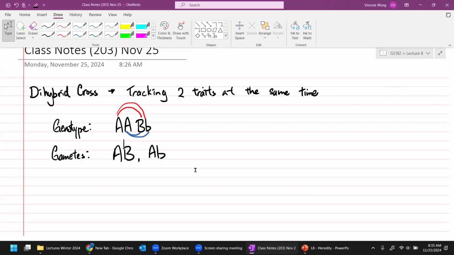Okay, let's practice this again. Let's say we have another person that is small a, small a. You know what? Let's do big A, small b, small b. What are the possible gametes?